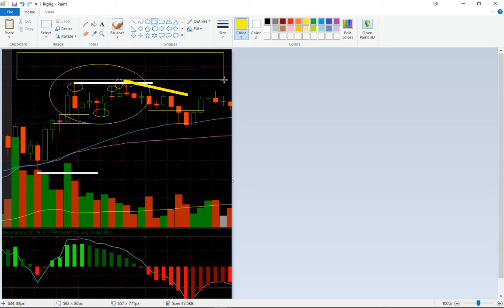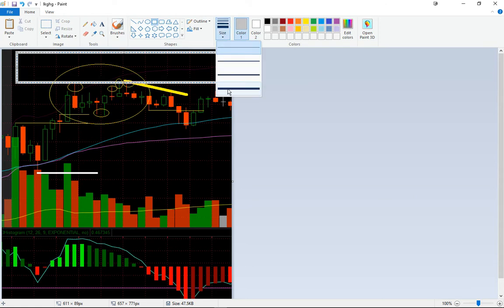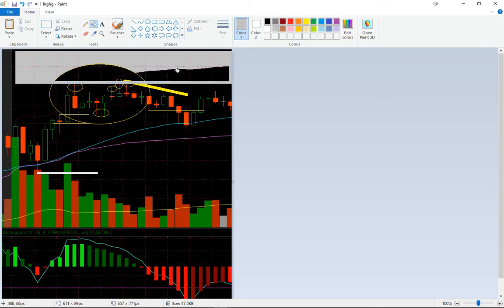This area is basically off limits. Okay. Pretty simple, right?